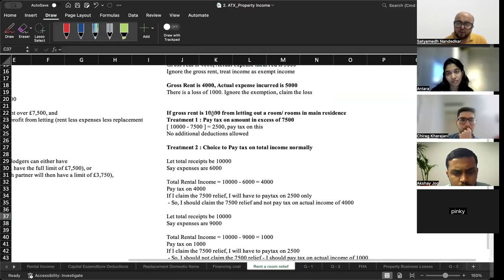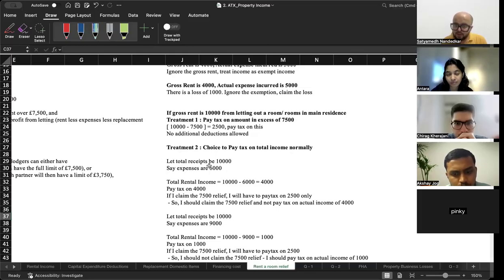Okay. If gross rent is 10,000 from letting out a room or rooms in main residence, treatment 1, pay tax on amount in excess of 7,500. So 10,000 minus 7,500 is 2,500. Pay tax on this 2,500, no additional deductions allowed. Or you have a choice. See, choice to pay tax on total income normally.